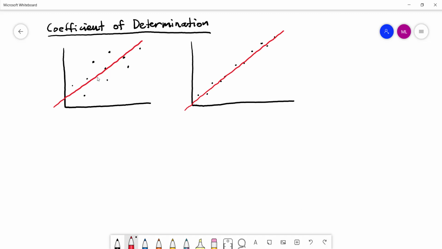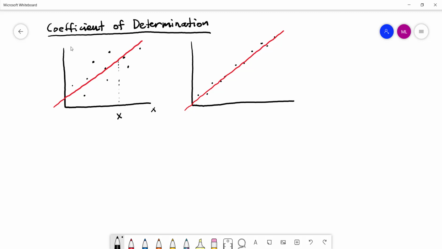We can use these lines to make predictions. Again, the idea was maybe there's an x value where we don't know what the corresponding y value is, and we want to make a prediction. We have all of these other data points, but we don't have one sitting at this particular x value. But if I go up to the least squares regression line at that x value, and then follow it over to where it hits the y-axis.